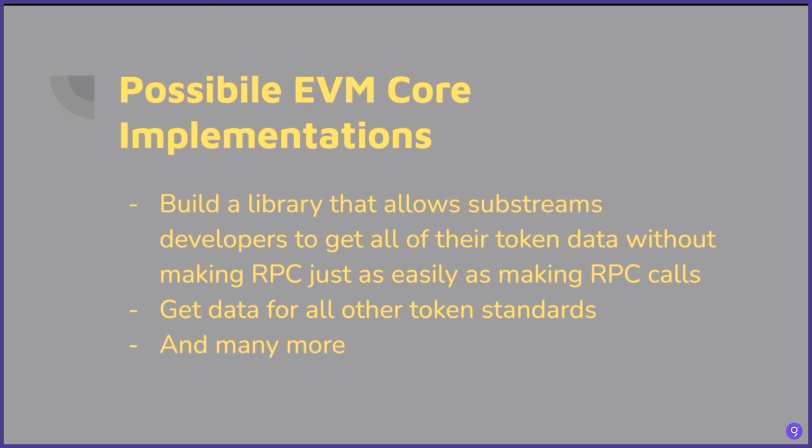Originally, I got the inspiration for this project. I was talking to some of the Streaming Fast people about one of the projects I was doing because they were helping me out. And I sent them my project where I was trying to get token data without RPC calls, but I was using regex to try to find name and symbol.